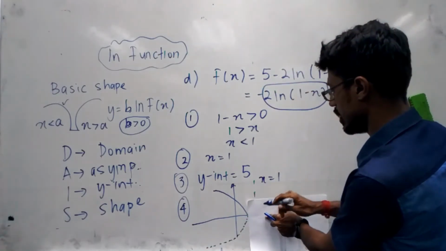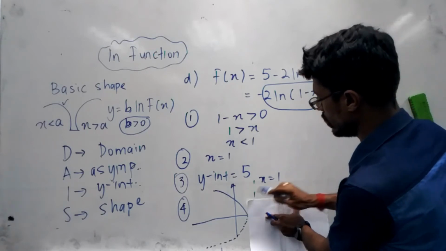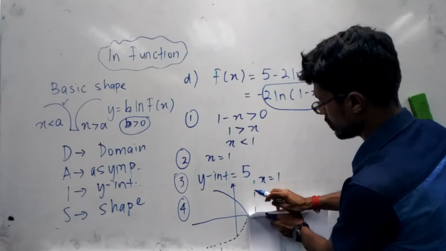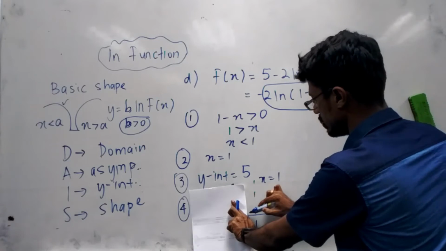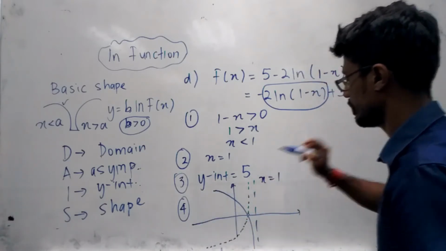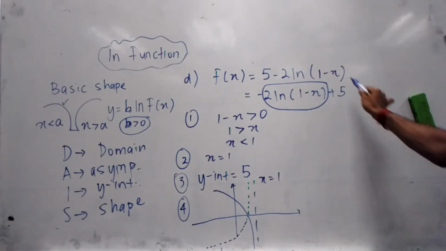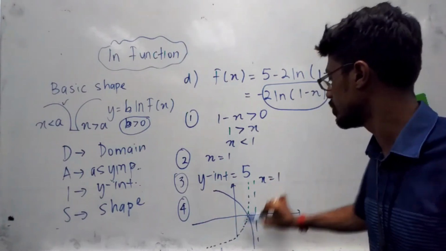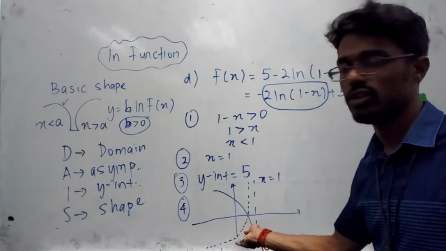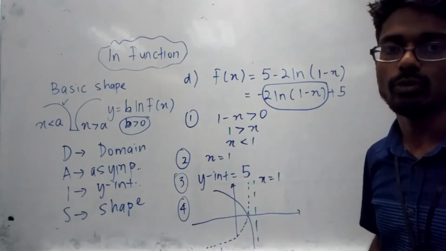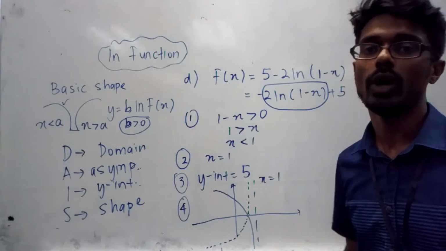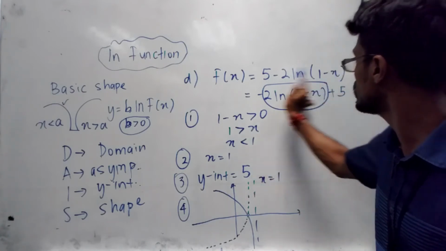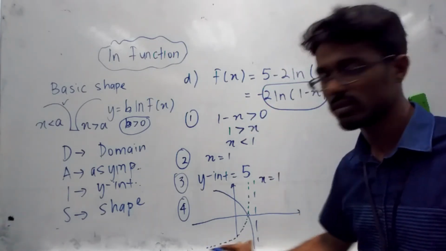Then the down part of the graph is going to be somewhere here. Of course, the plus 5 is not doing any harm to the shape. It just means that it is pulling it up by 5 units. End of the day, the shape of this graph is like this.